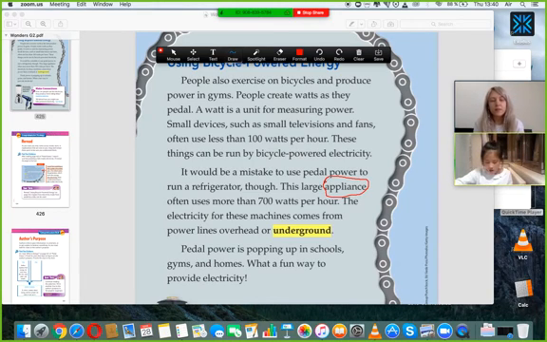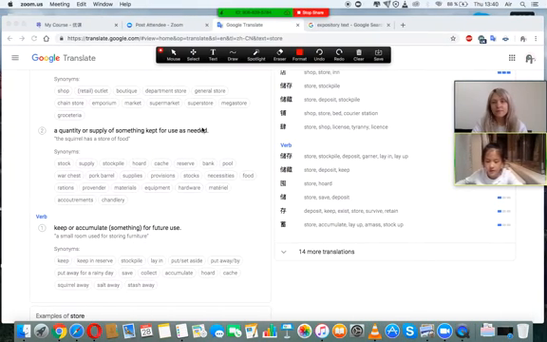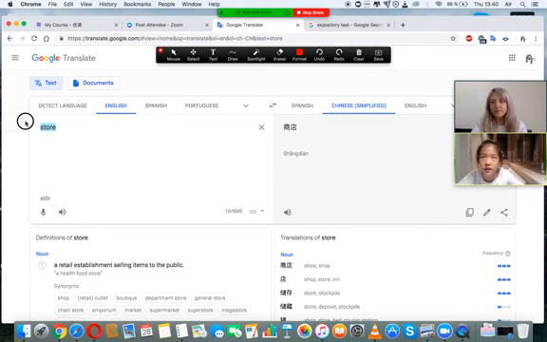So, do you understand the meaning of this word? Can you explain it to me, or should we look in the dictionary? Appliance means the kind of machine.